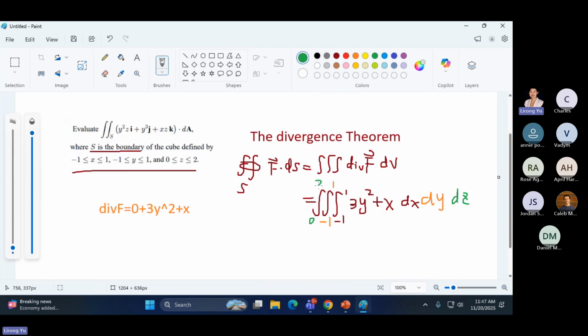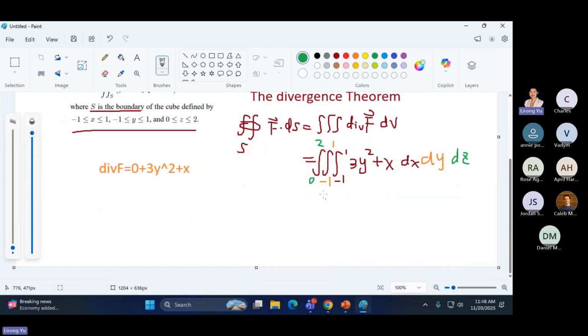I guess the integration order does not matter. We don't have any transcendental functions. It's pretty much a polynomial integration. That's the integration part, the calculation part. Once you reach this part, I guess you could finish the calculation.